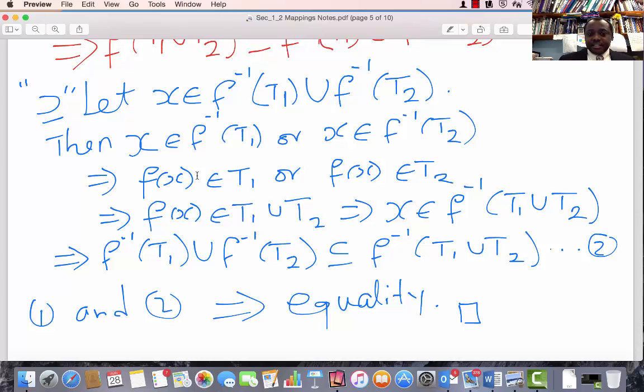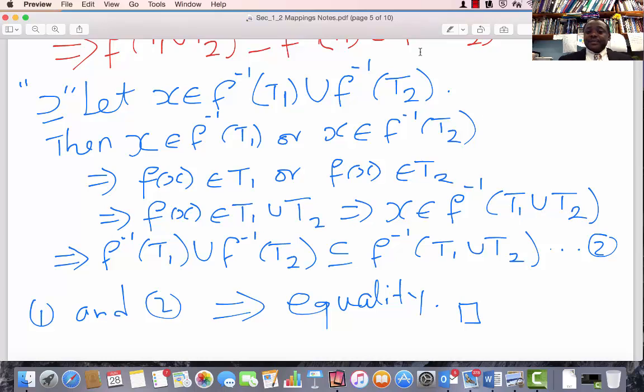f of x in T1, or f of x in T2, from section 1.1. What does that mean with the word or? It means f of x is an element of T1 union T2. f inverse exists, so I can move my f back to the right-hand side of the inclusion sign, and that means x is an element of f inverse of T1 union T2.